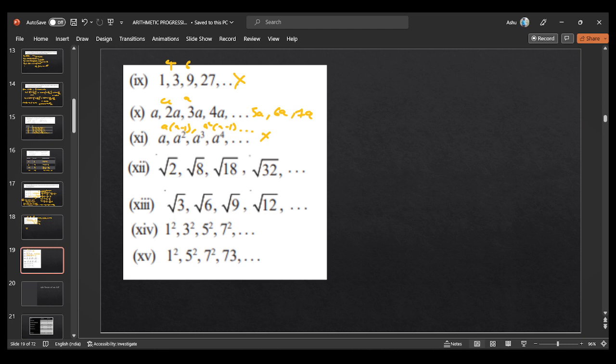Root 2, root 8, it is also exponential, but we should rearrange it.